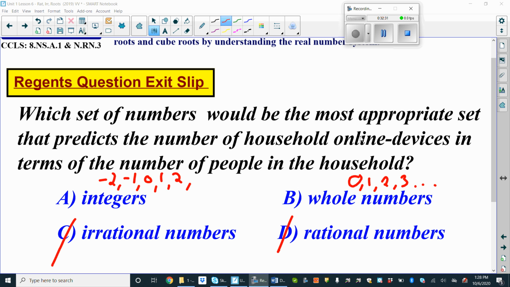So when you think of the best way to count the number of household items in households, online devices in your household, you're going to use majority whole numbers. You're never going to count using negative numbers or 0. You're always going to count within the positives. So whole numbers is the best set of numbers to predict the number of households, online devices in terms of the number of people in your households.